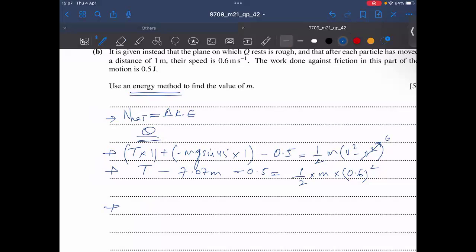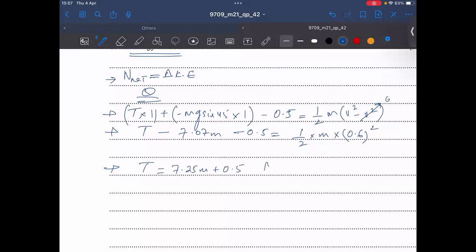It's 0.6 times 0.6 divided by 2, which is 0.18 m. 0.18 m plus 7.07 m, that's 7.25 m. T minus 0.5 equals 7.25 m, so T will be equivalent to 7.25 m plus 0.5. All right, so that is going to be one equation.